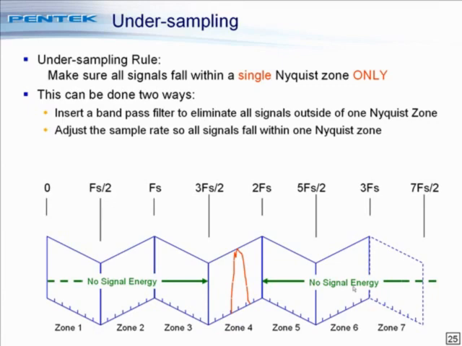Again, back to the IF signal. For example, if your IF frequency is 70 megahertz and it's 10 megahertz wide, it would fall in the second Nyquist zone for a signal sampled at 100 megahertz. The fold is at 50, and the range from 50 to 100 entirely contains a 10 megahertz signal centered at 70.